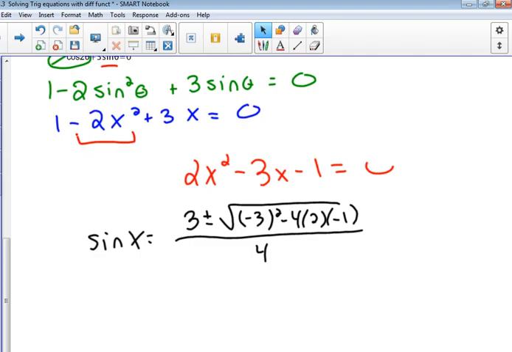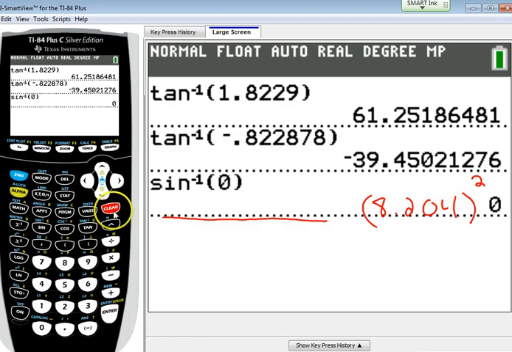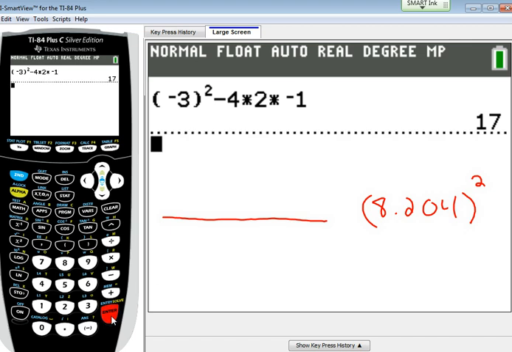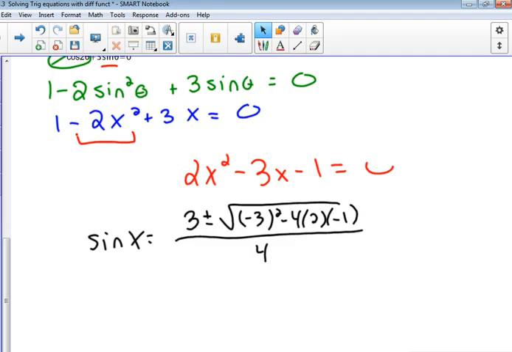Negative 3 squared, no, 3 squared minus 4 times 2 times negative 1. You get a 17. There you go. Alright, so with this, we have 3 plus or minus radical 17 over 4.